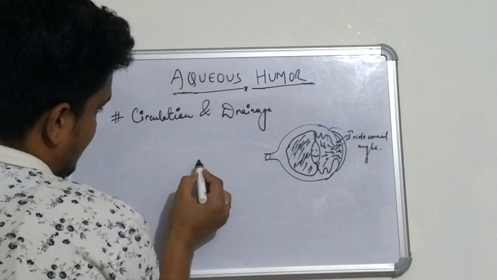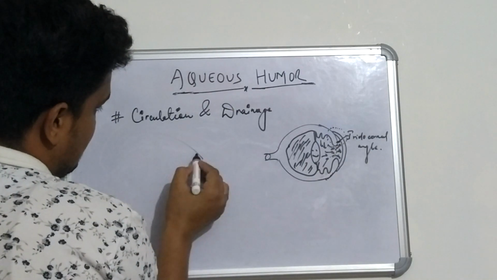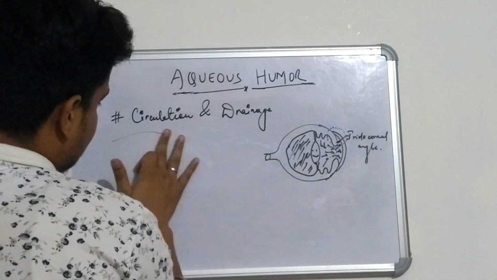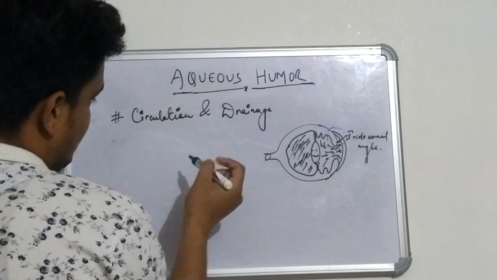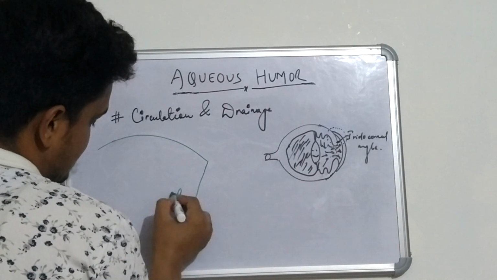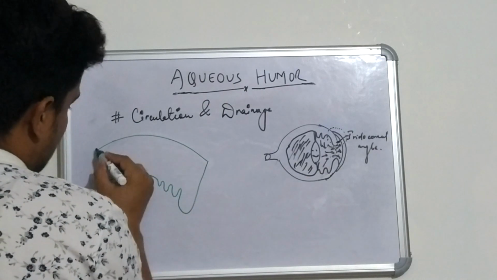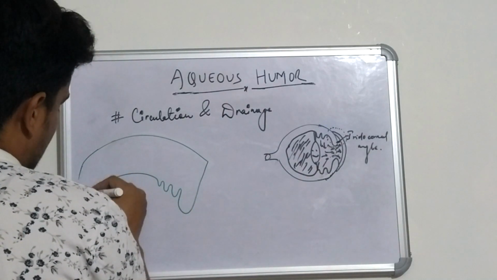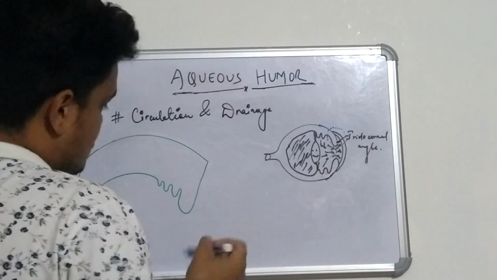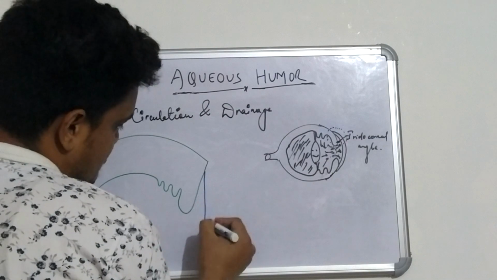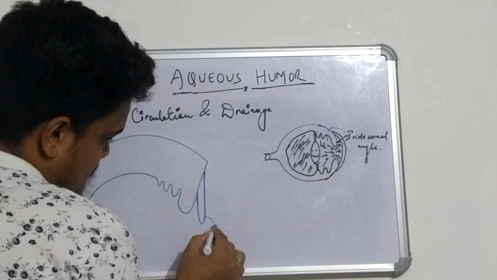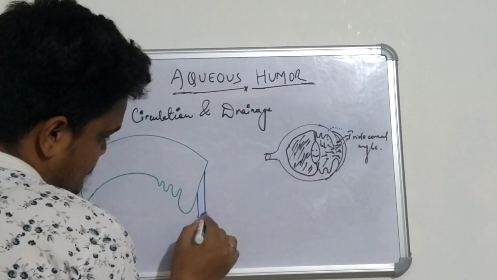So this is our ciliary body, and this is our iris. This is the pupillary aperture.